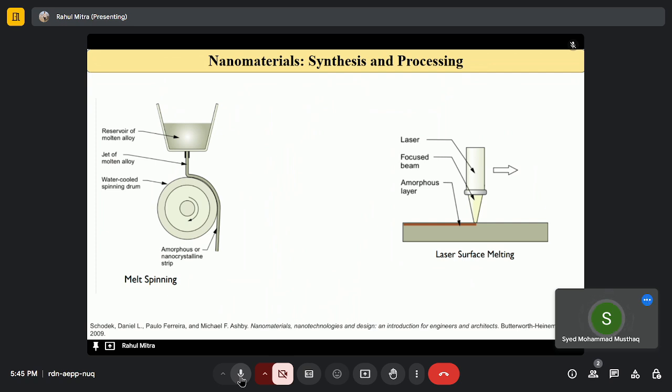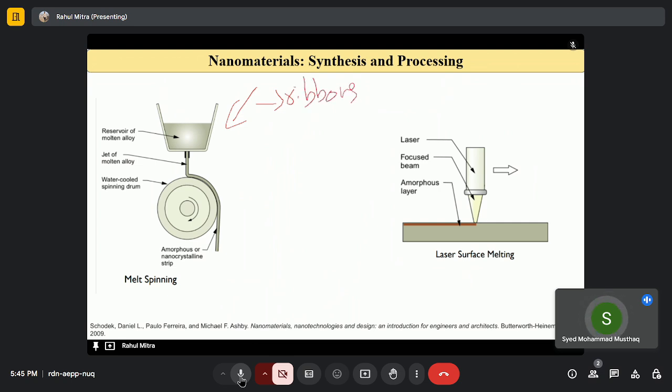Yeah. Now we are moving on to the 3D nanomaterials. This is known as the melt spinning process. It is a type of process to produce 3D nanomaterials. We produce ribbons basically, so we produce nano ribbons.